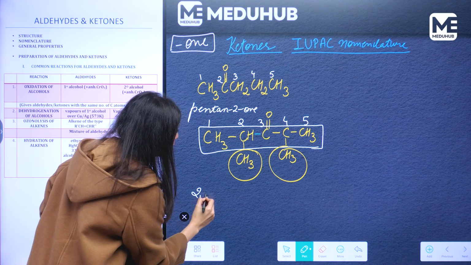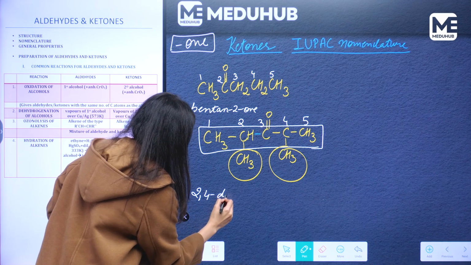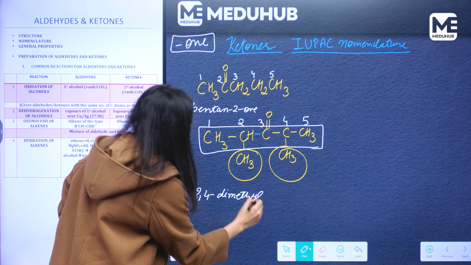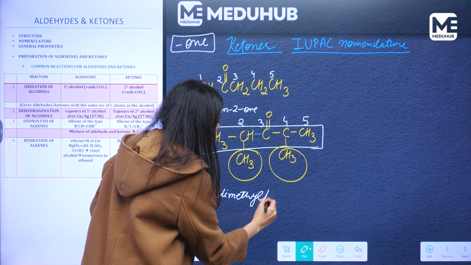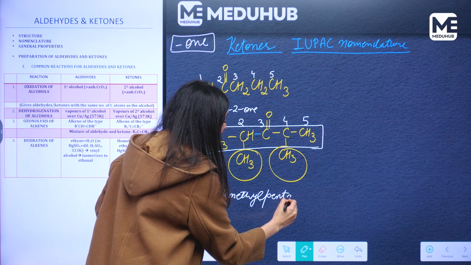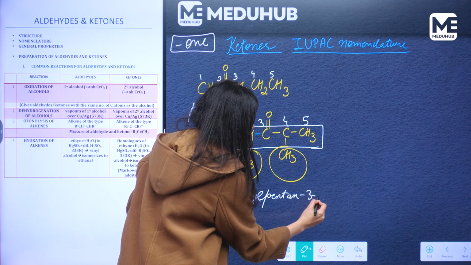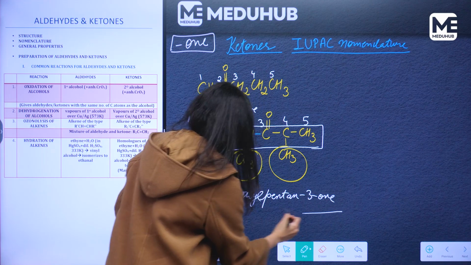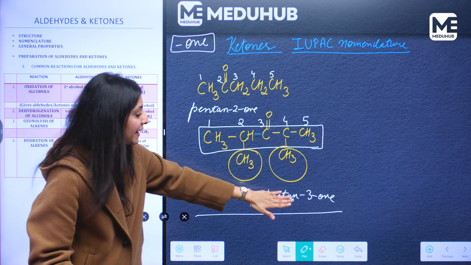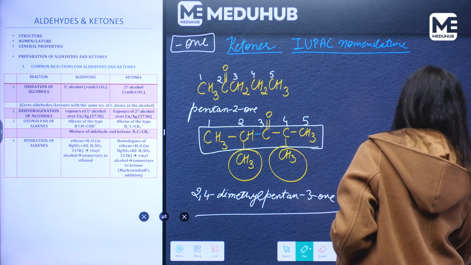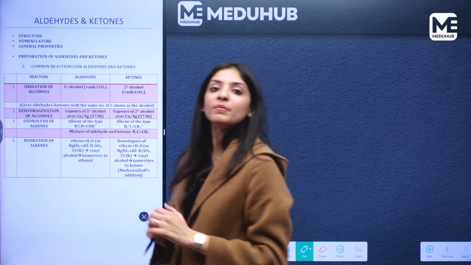So 2, 4 have dimethyl substituents. 2, 4 dimethyl. 5 carbon chain, so it's a pentane. Drop the E of the pentane. At the third one we have a keto group. So it is 2,4 dimethyl pentan-3-one. Okay. So this is it for the nomenclature.